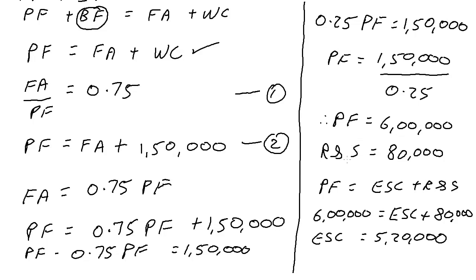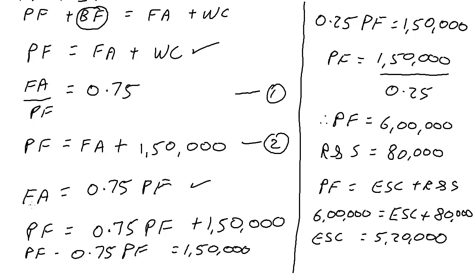So I know that equity share capital is 5,20,000, and the only thing I need now is the fixed assets. We have a simplistic formula. Fixed assets is equal to 0.75 proprietor's fund.